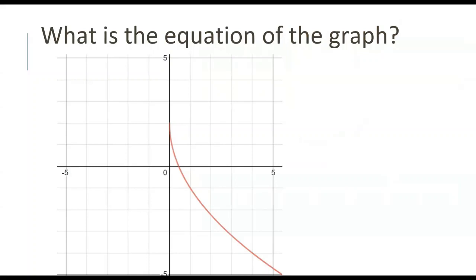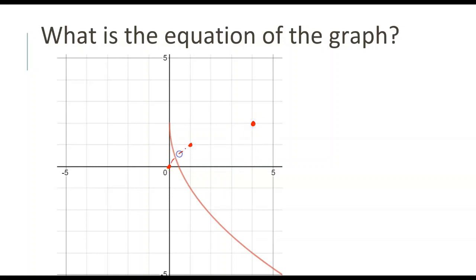Guys, we made it! It's the last problem. So we need to write the equation of this graph. The first thing you want to do is just write what happened. What happened from the parent function 0, 0, 1, 1, 4, 2.